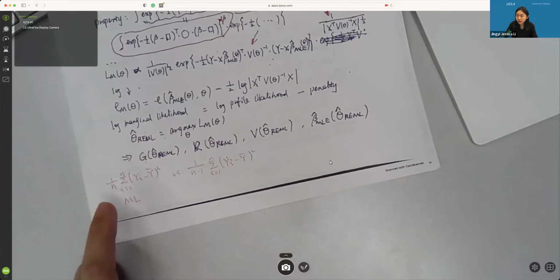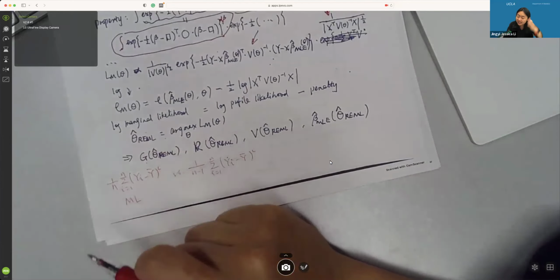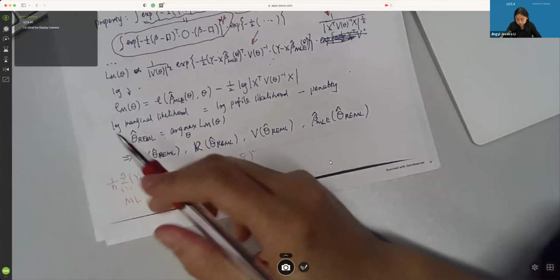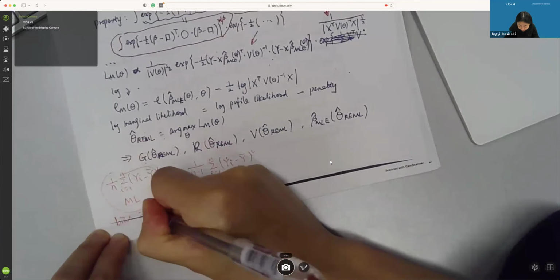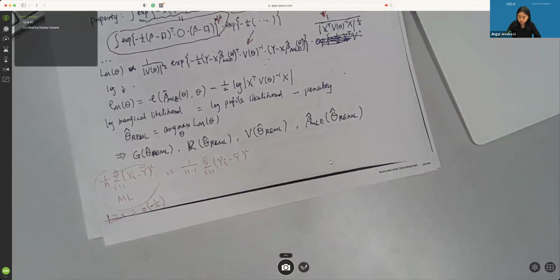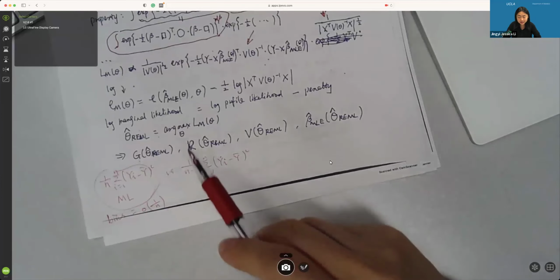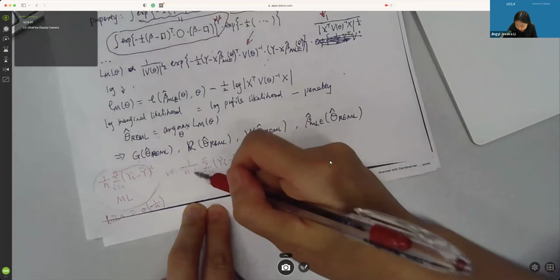You would divide by n. But we know this is not unbiased in a finite sample. So the bias for this one is actually on the order of 1 over n. So you actually have this bias, but this bias is going down to 0. So that's why we say it's asymptotically unbiased. But this one is unbiased.